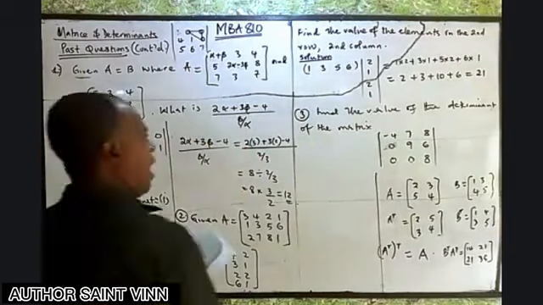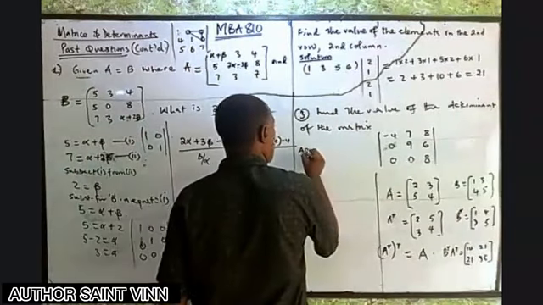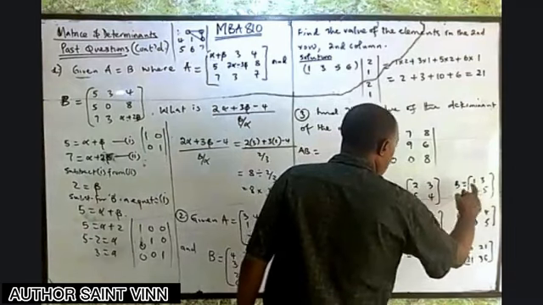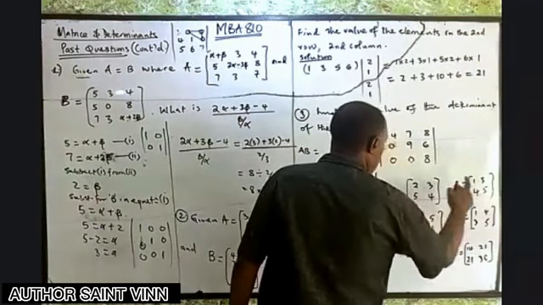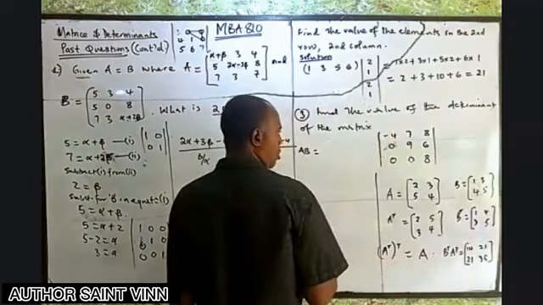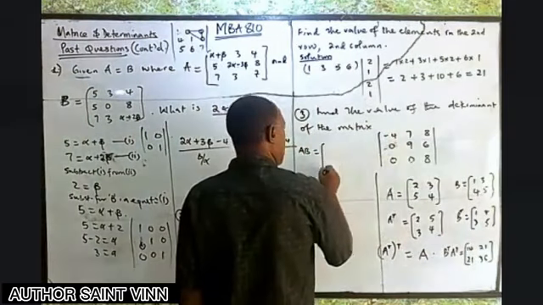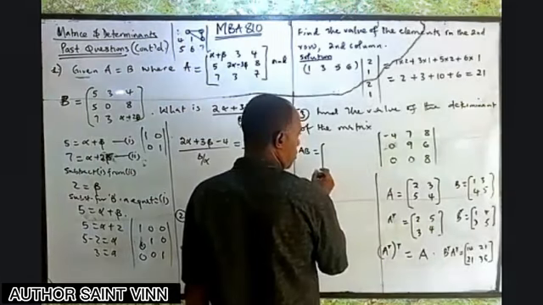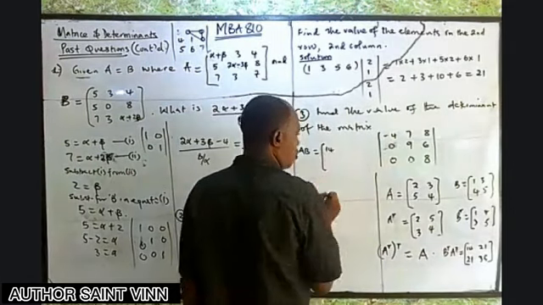So we multiply AB, that is A times B. Row times column. 2 times 1 is 2 plus 12, 14. Good.